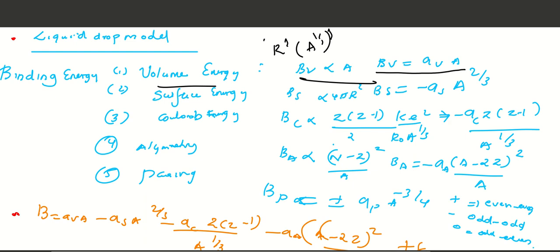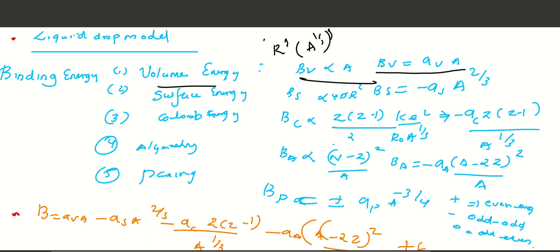Only the volume term is positive; all other terms are negative. Coulomb energy BC is directly proportional to Z into Z minus 1 by 2 into K e square divided by R naught, A raised to 1 by 3. Why Z into Z minus 1 by 2?